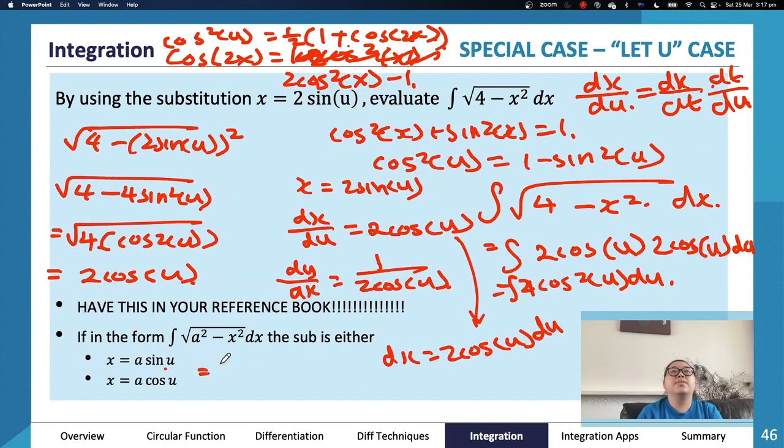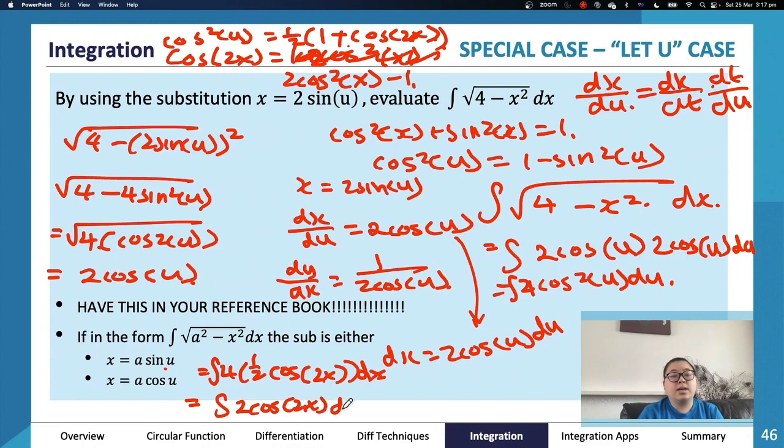It's going to be equivalent to 4 times 1/2 of cos 2x dx, right? So then we can simplify that down. So it's just going to be 2 cos 2x dx, right? Or 2 cos plus 2 dx.